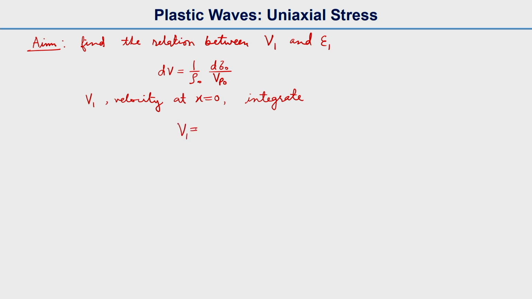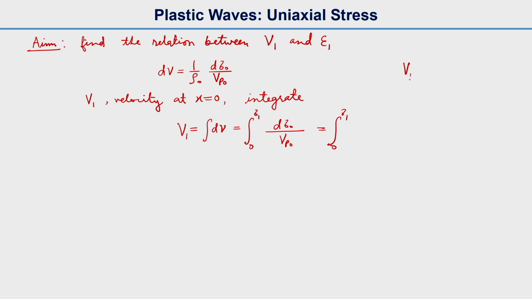So if we integrate this differential of v, V1 is the integral of small v with a limit of 0 to sigma 1, so this will be d sigma naught divided by V p naught, again from 0 to sigma naught.